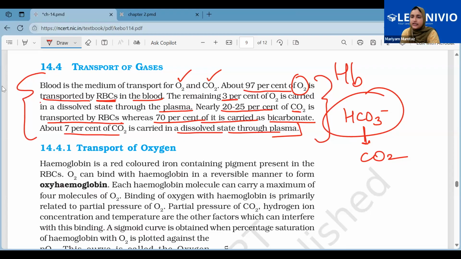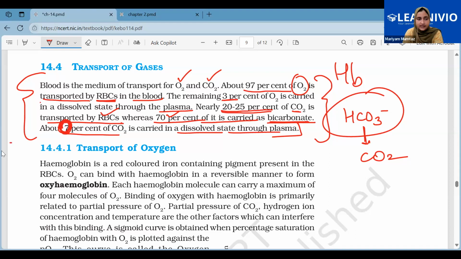In oxygen, the majority gets transported by the RBC, and only 3% by the plasma. In CO2, 20 to 25% gets transported by RBC, 70% as bicarbonate, and only 7% in the dissolved state in plasma.